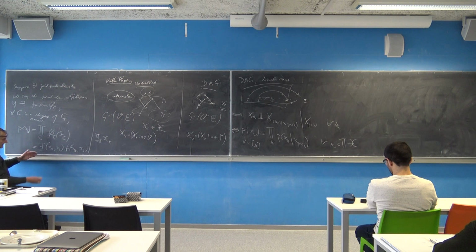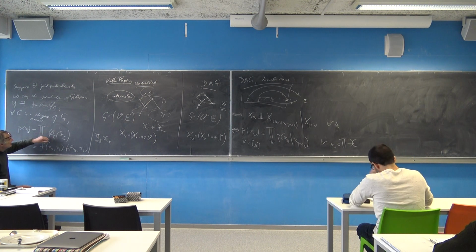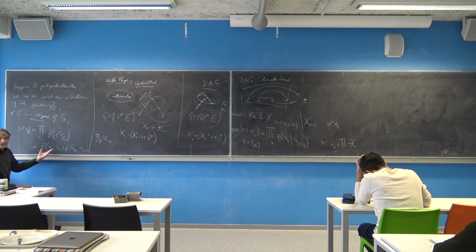So now I'm supposing S separates A from B, and I assign each phi C either to the left side or the right side.